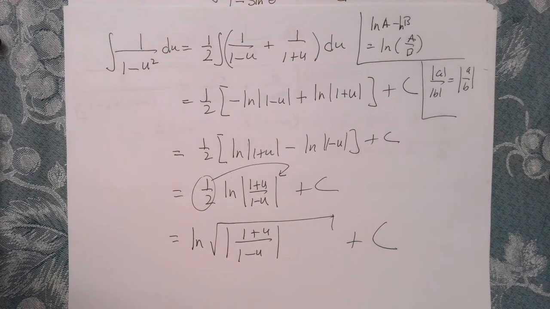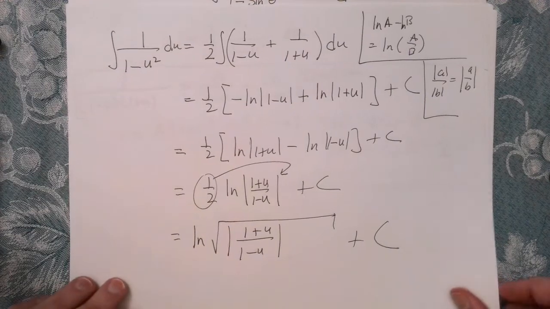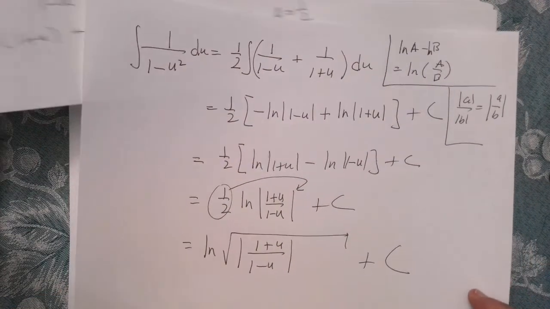Okay, well, this seems pretty good so far. We have to remember that u is equal to the sine of theta, right? So we're just going to back sub. Sine of theta is going to go here and here, and we're going to work through some identity work.